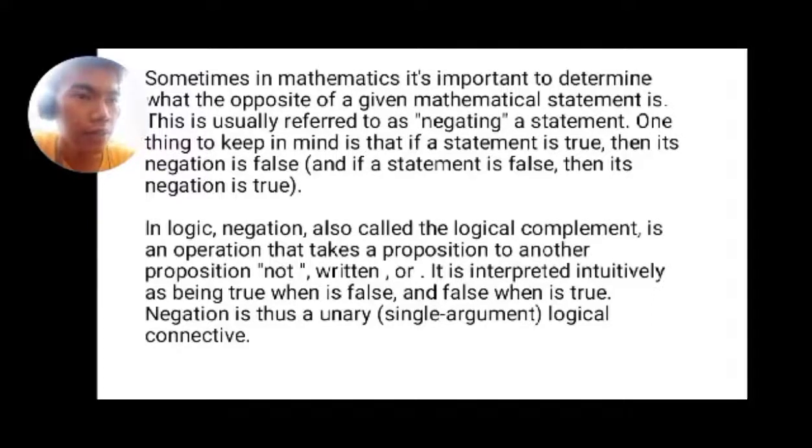And if a statement is false, then its negation is true. In logic, negation, also called the logical complement, is an operation that takes a proposition to another proposition, not p, written as not p. It is interpreted intuitively.